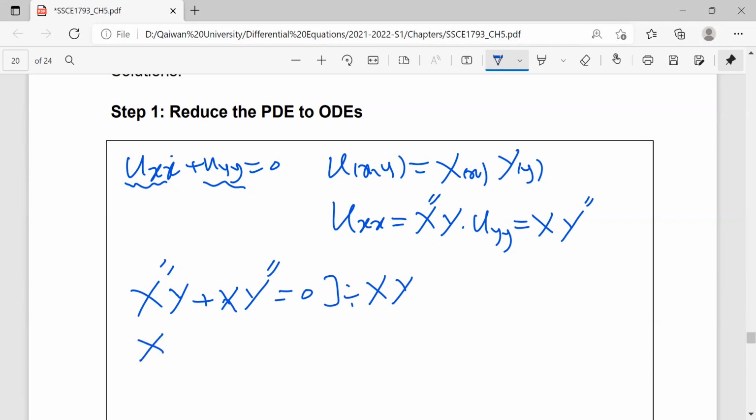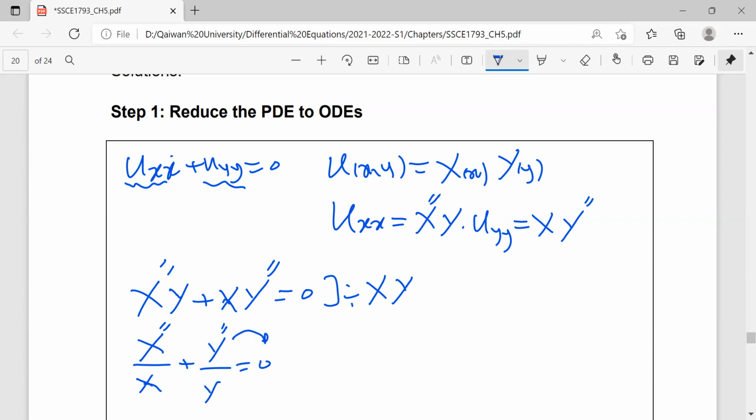We get X double prime of x over X plus Y double prime of y over Y equals 0.